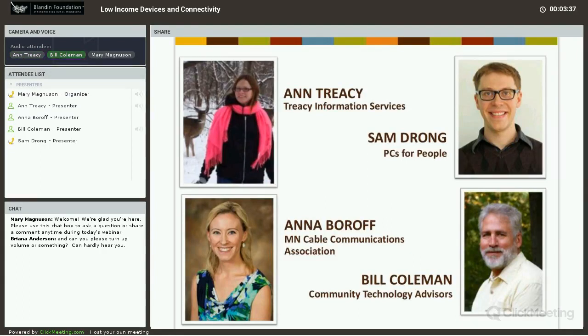Prior to the Cable Association, Anna was the Senior Public Policy Director for the Minnesota Corn Growers Association, assisting farmers in developing federal and state policy and improving government relations strategies. Prior to that, Anna spent close to 10 years at the Minnesota Legislature, most recently as leadership staff for the House Majority Leader in 2010 to 2012.